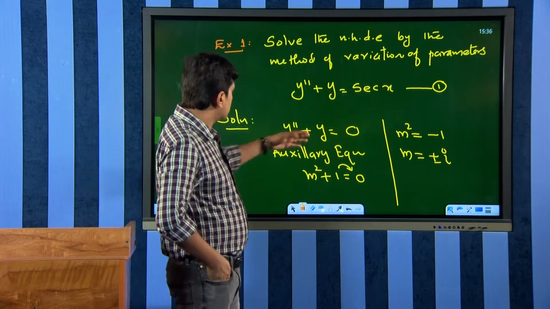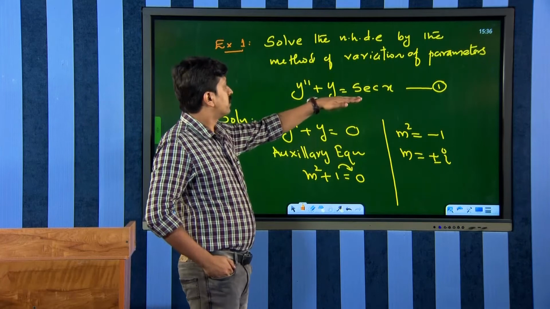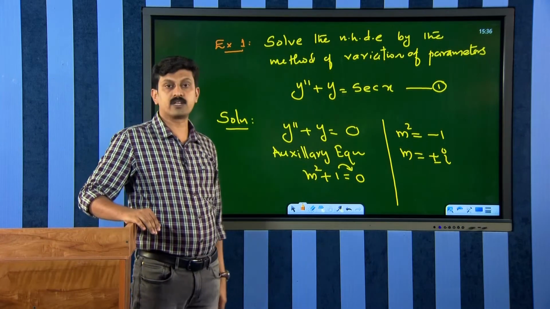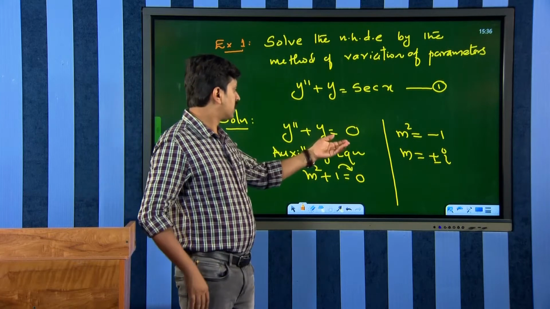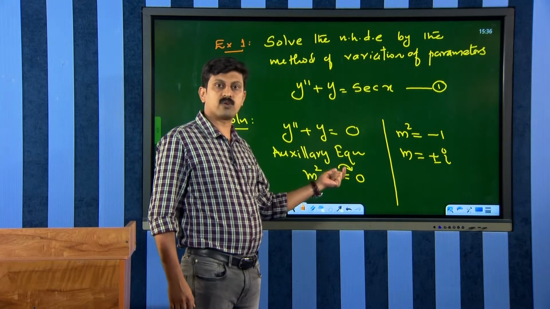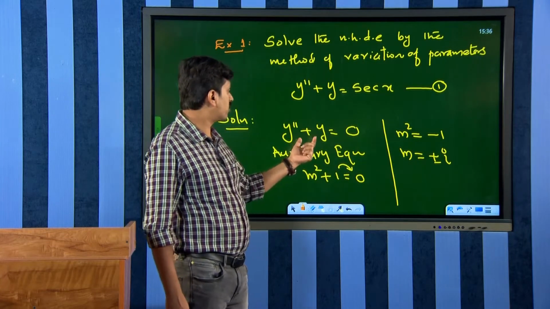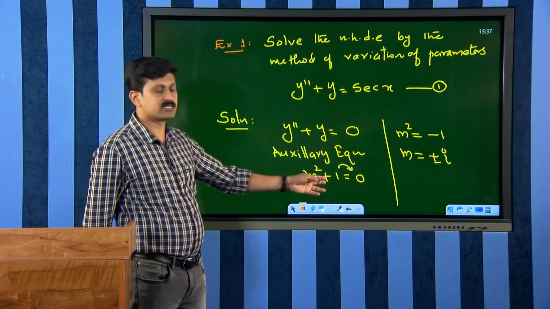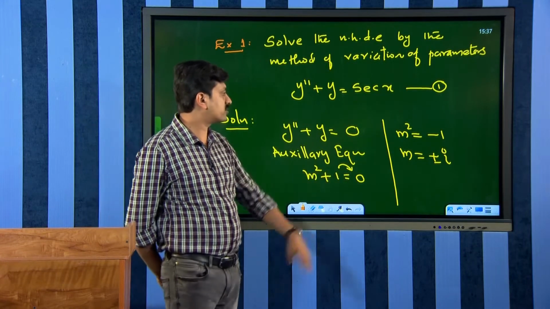What we did is, we have a non-homogeneous linear differential equation. Firstly, we find the solution of the homogeneous equation. Here we have y double dash plus y is equal to 0, and the auxiliary equation is m square plus 1 is equal to 0.